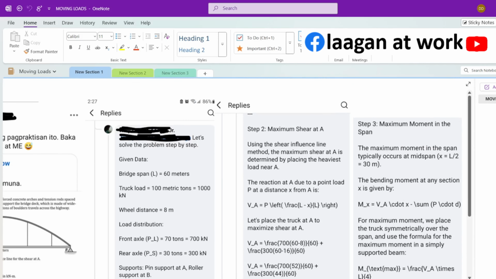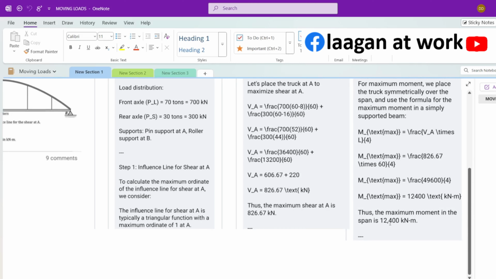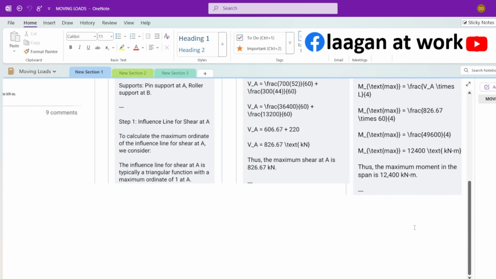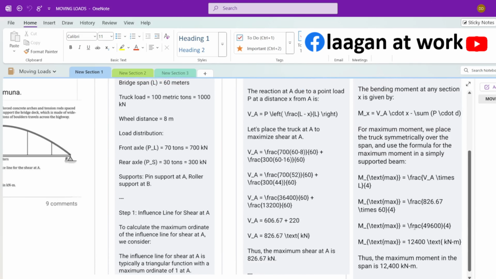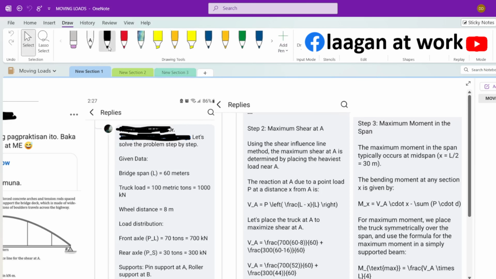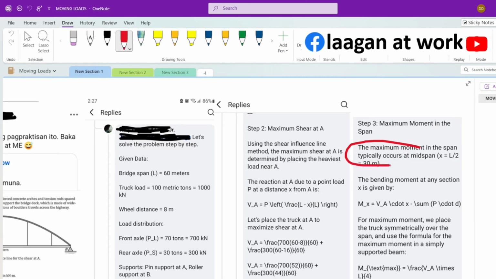And when I look at his calculation for the maximum moment, he assumed that the maximum moment in the span typically occurs at mid span, L over 2, then 30 meters.